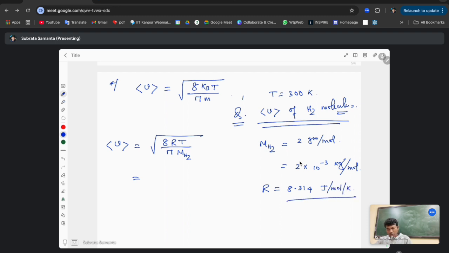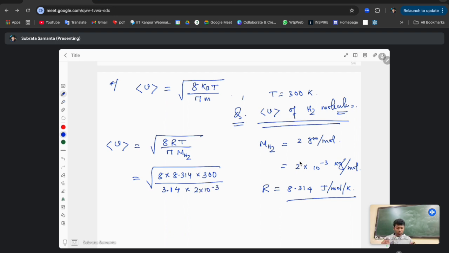Plugging in, this is 8 times 8.314 times the temperature 300 Kelvin, over pi, which is 3.14, taking only two digits, times M of H2, which is 2 times 10 to the power minus 3.